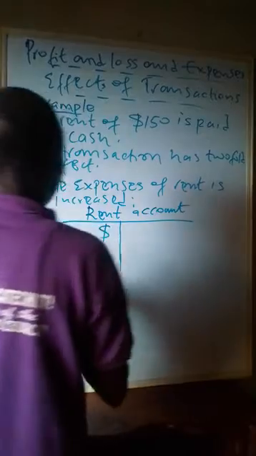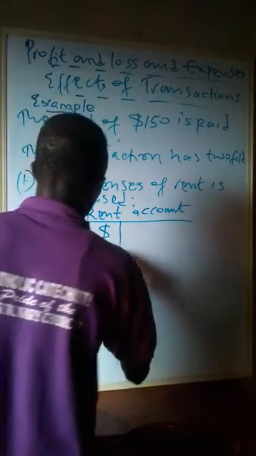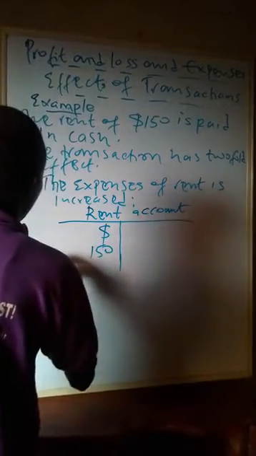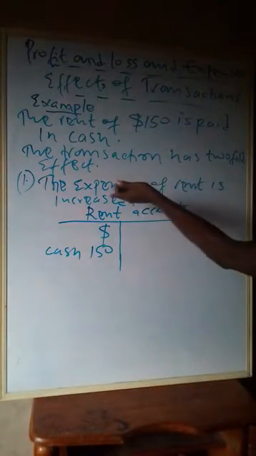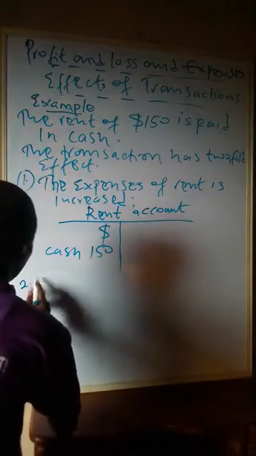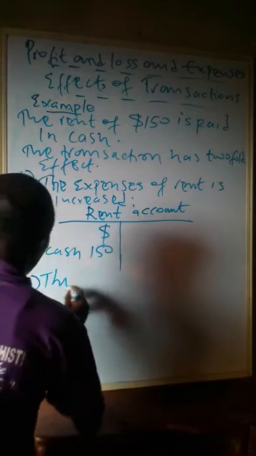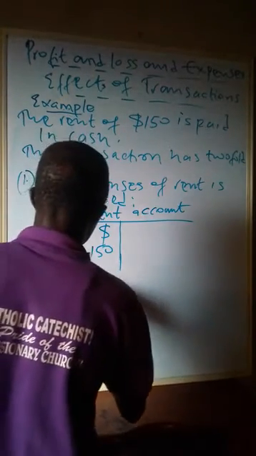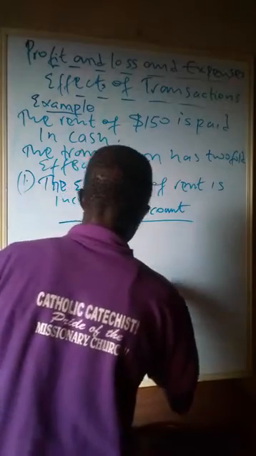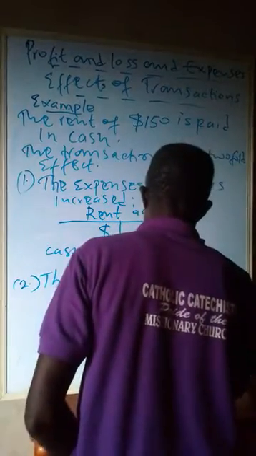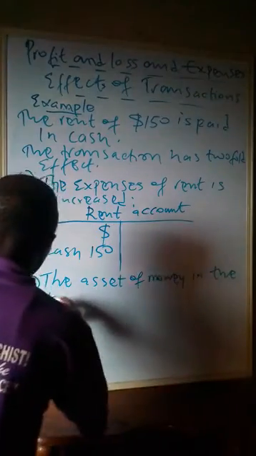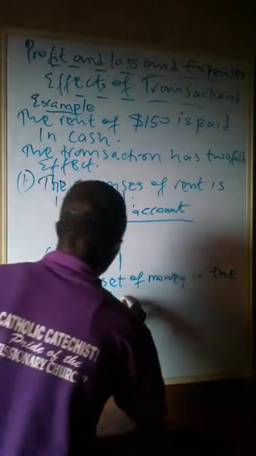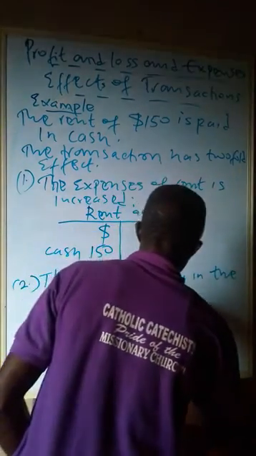And what do you do here? What is the currency sign? That is the dollar, 150. And what's the corresponding? That is cash. The twofold effect. This is the one. Another one is the asset, the second effect. The asset of money in the bank is reduced.